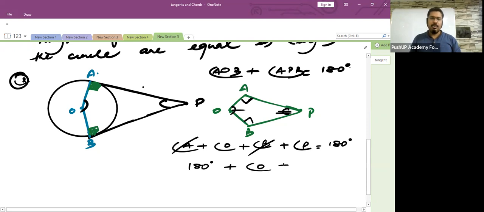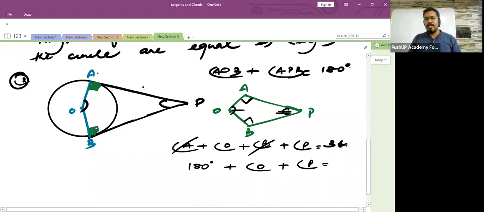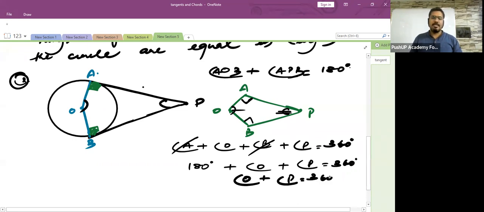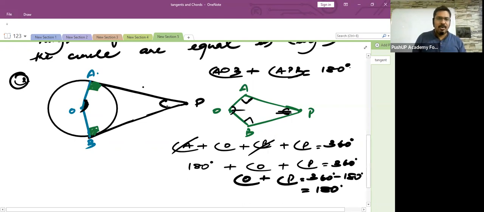Therefore, angle O plus angle P will be 360 minus 180, which is equal to 180 degrees. Understood? Was it easy to understand? That's why I said angle O plus angle P is equal to 180 degrees.